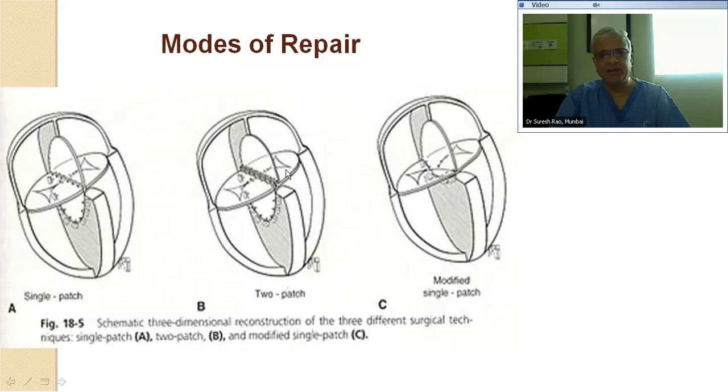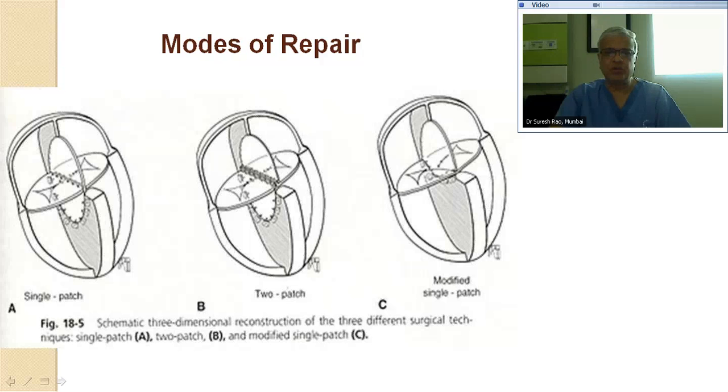technique, where we close the VSD with a synthetic patch, we close the ASD with pericardium, and then we make these into two valves, the mitral and the tricuspid. In the early 90s, the Australian group started this technique that's called the modified single patch, where the VSD is closed directly without a patch, and the ASD part is closed with pericardium.